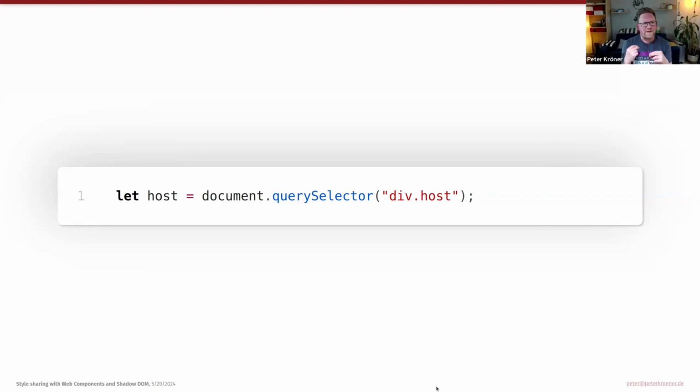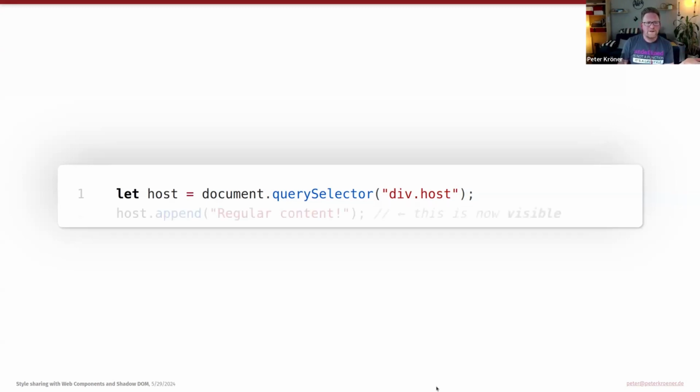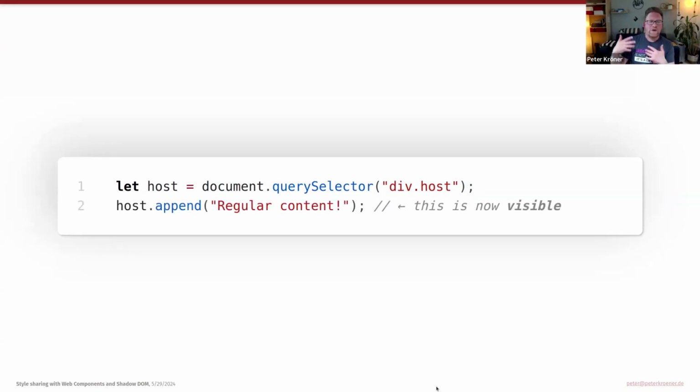For this, you need an element that serves as a host for the shadow root. Basically, you need an element that then contains not only its regular content, but also the tree that you nest inside of there. This could be a web component, but this can also be just a regular old HTML element like this div that I'm now selecting from the page. So this is my host element, and I simply append some regular text content to the element.